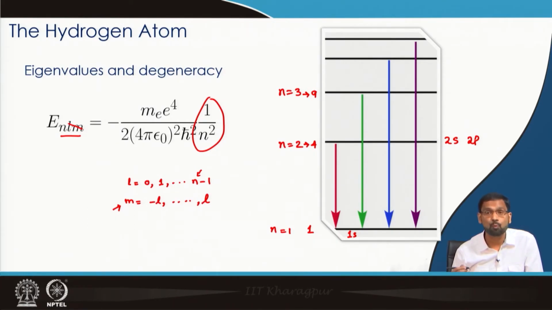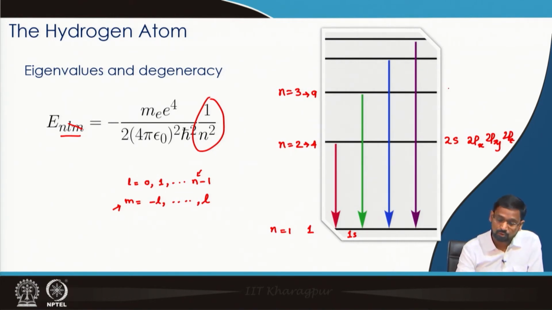When l is 1, that is p function, m value can have -1, 0 or +1. In Cartesian sense, we call them px, py, pz. So, this gives rise to 4 different functions. All these 2s, 2px, 2py, 2pz orbitals have same energy for hydrogen atom, only for hydrogen atom. It does not apply to all heavier atoms.